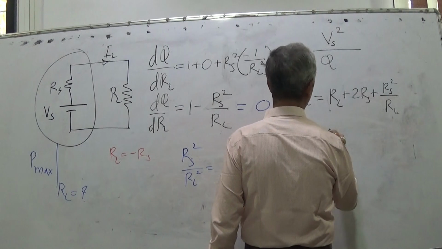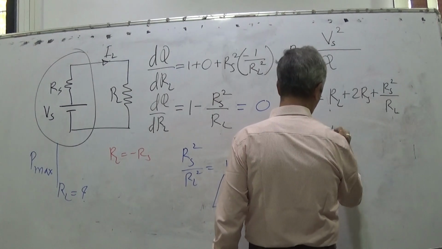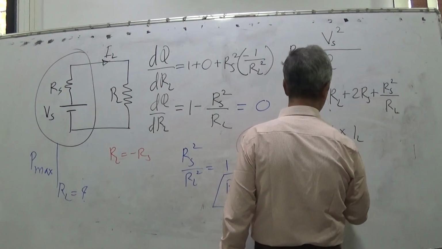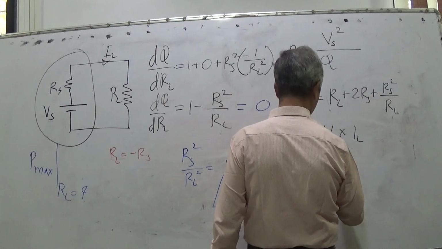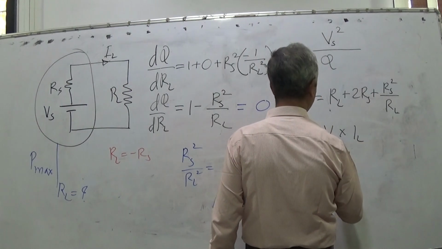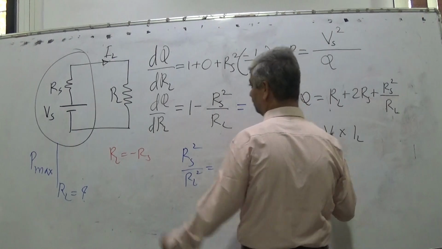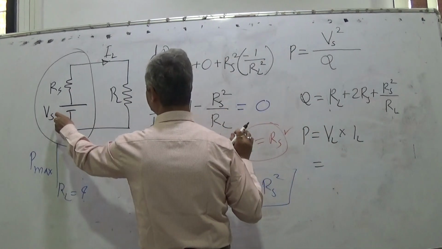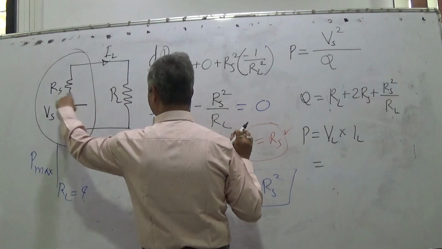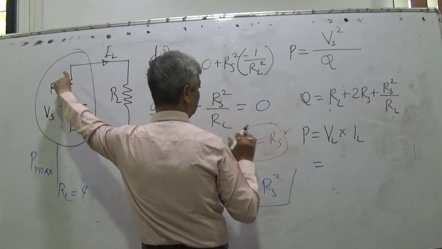P is equal to VL into IL. What is VL? VL is not Vs, because some drop will occur here.